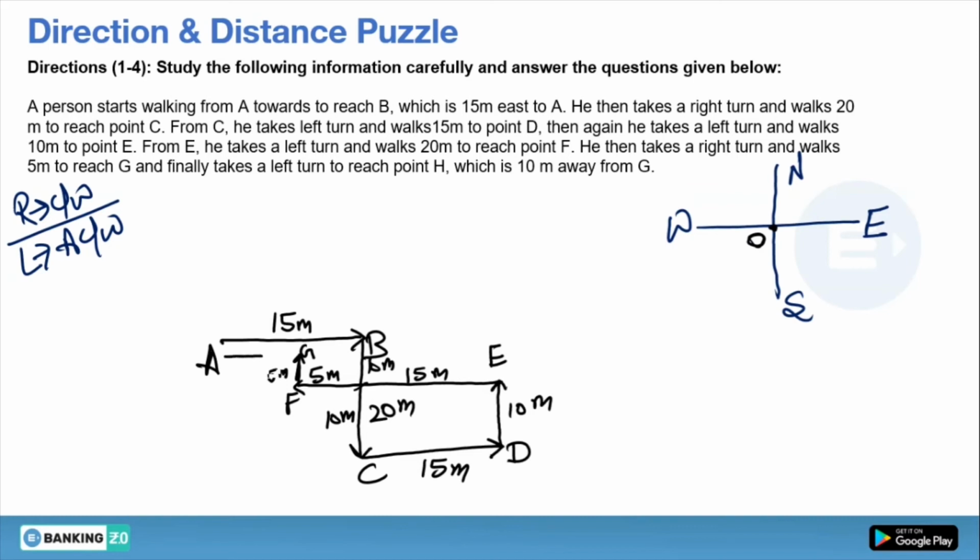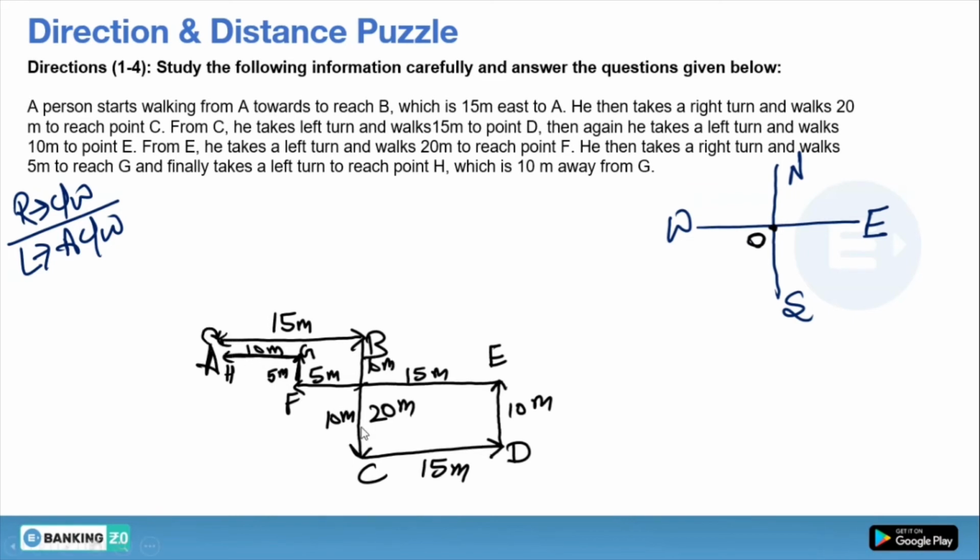So H will go just opposite to A. This distance is 10 meter because 5 meter we have covered over here. These two lines are parallel, so this will cover 5 meter over here of A and B, and the remaining 10 meter will be covered by H and G. This point is A. So this is our complete diagram.